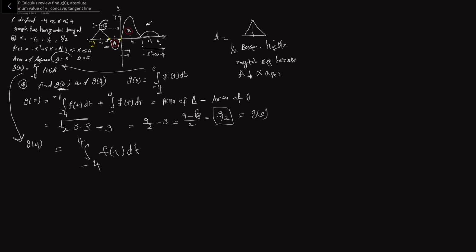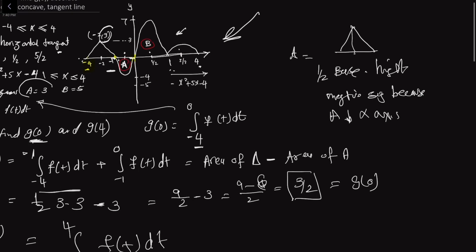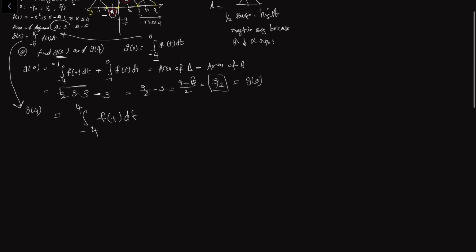So here we're going to include our intervals: from -4 to -1, then from -1 to 0, then from 0 to 1, and then from 1 to 4. So that's from -4 to 4.